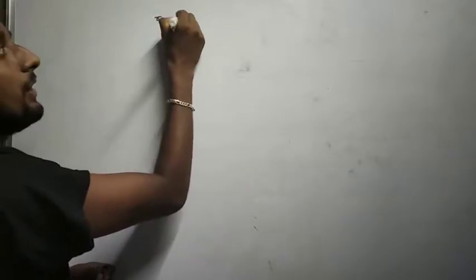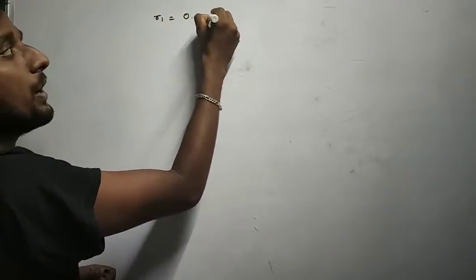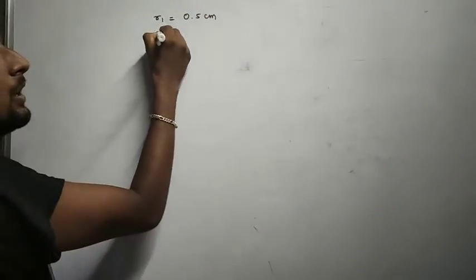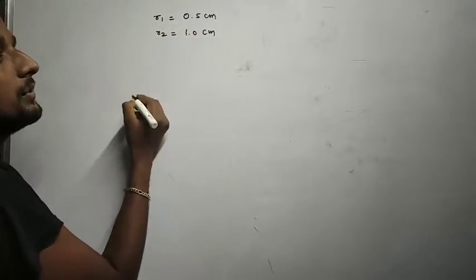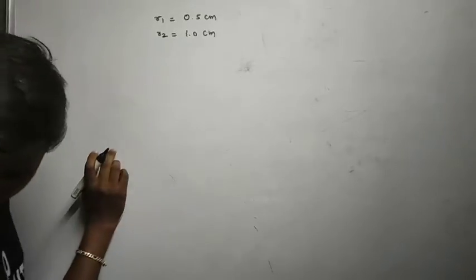We should find the total length of the spiral. Simple, the radius of the spiral is increasing every time. First time it is 0.5 in the first round. If the round is increasing, in the second round it is 1.0 centimeter, that is nothing but 1 centimeter.